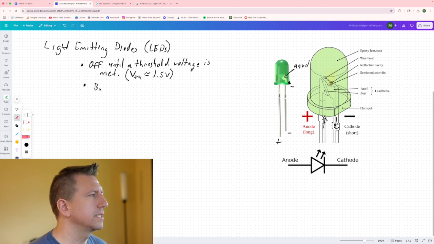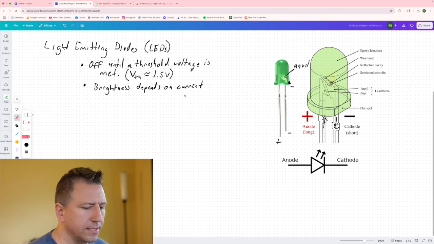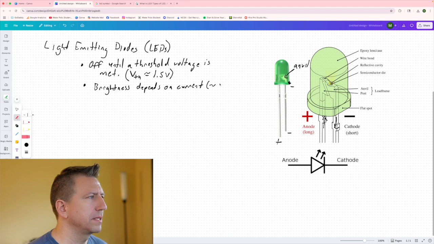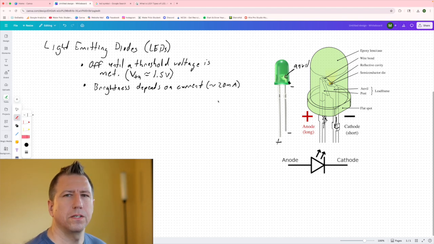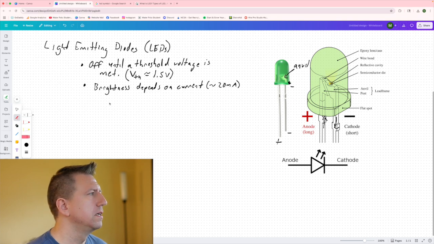So brightness depends on current. Okay, that's our second bullet point. The current is typically approximately 20 milliamps, which is what a lot of them are designed to work at.